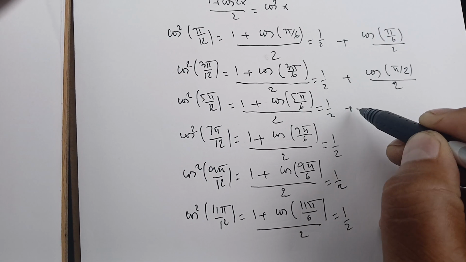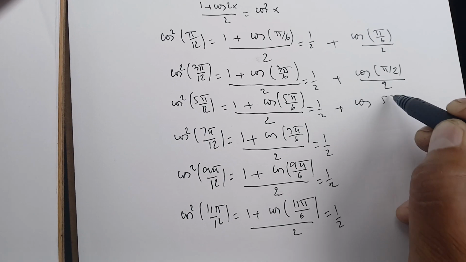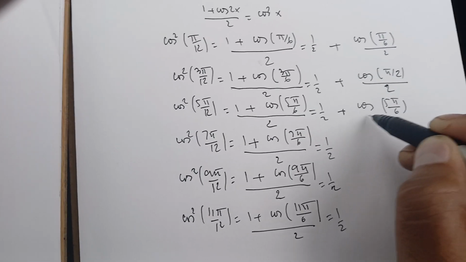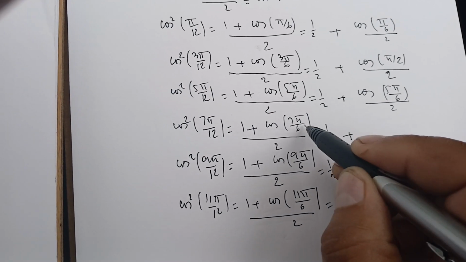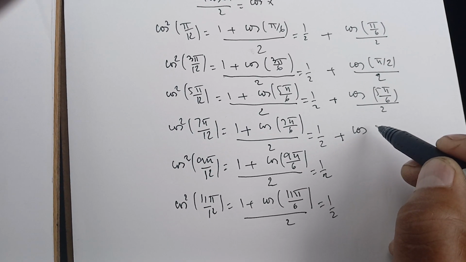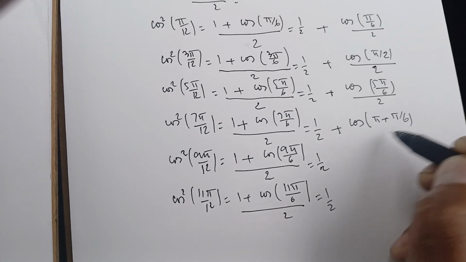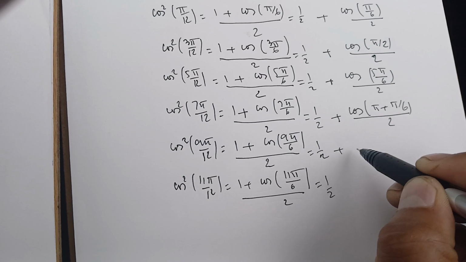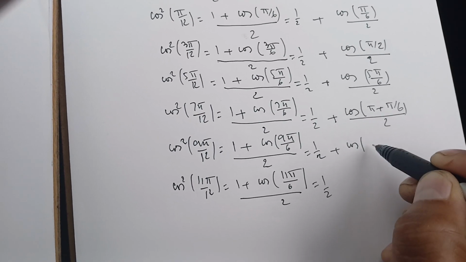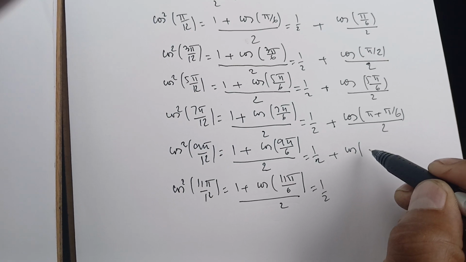Here we get cosine 5 pi over 6, over 2. And this one here, cosine of pi plus pi over 6, over 2. And this one here, let's simplify.